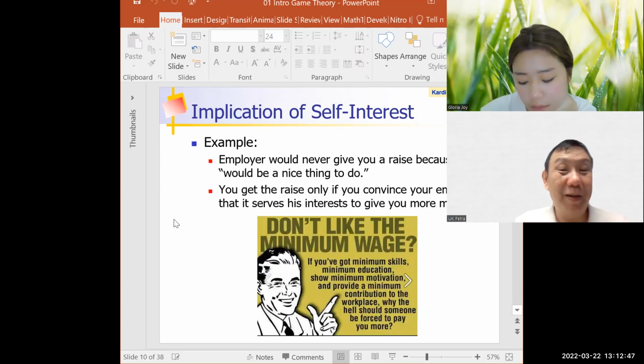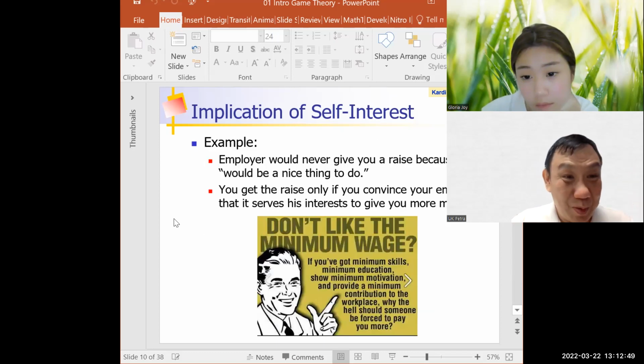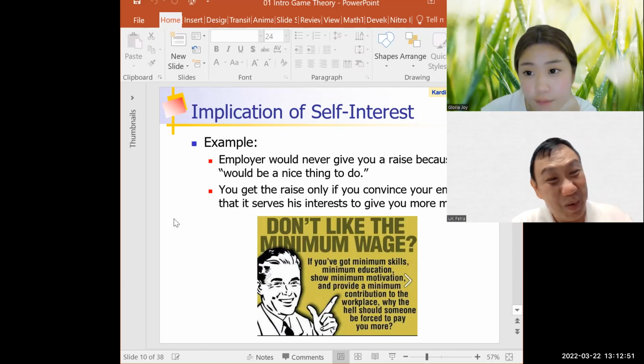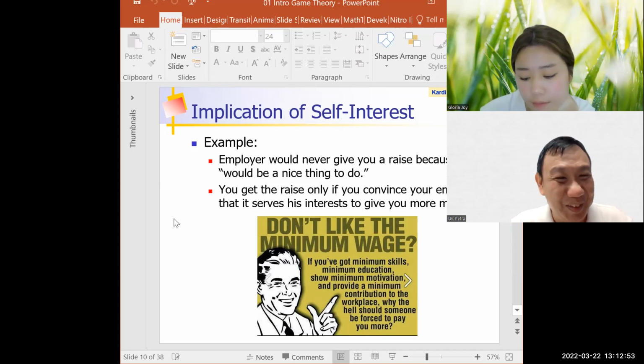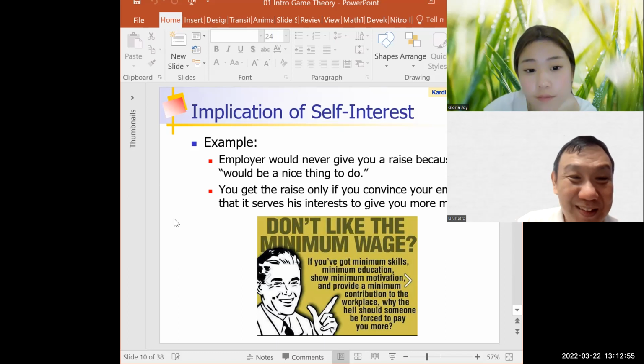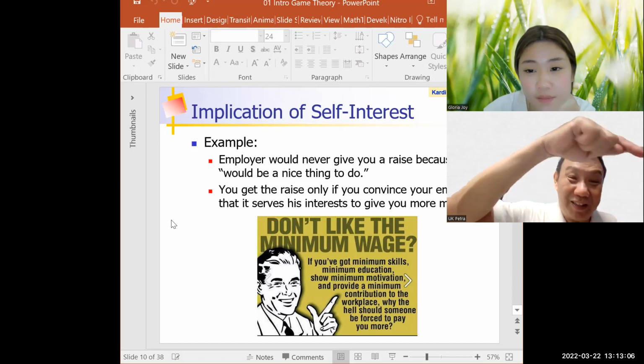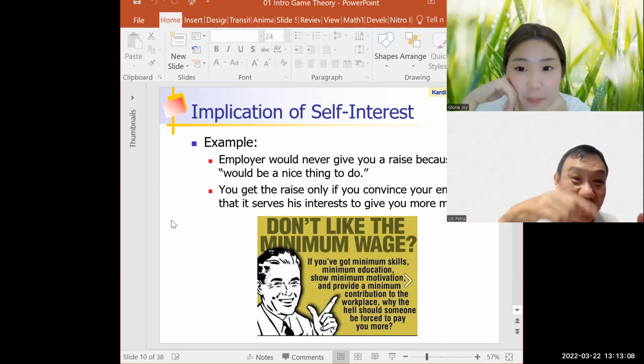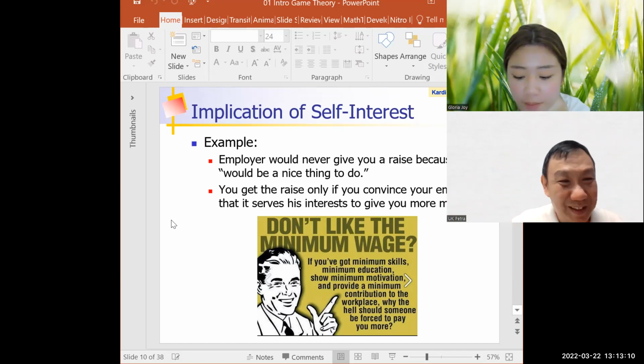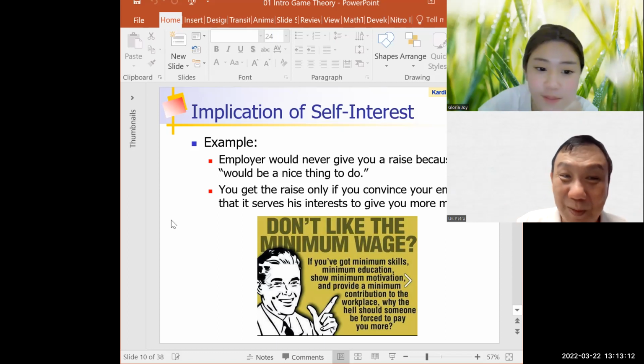Then they will ask the government, okay, government, you have the force, power, so force the employer to do so, right? And it is within the self-interest of the government to do so. Right? So then you can see there are several self-interested people that interact with each other. And this is interesting. Okay.